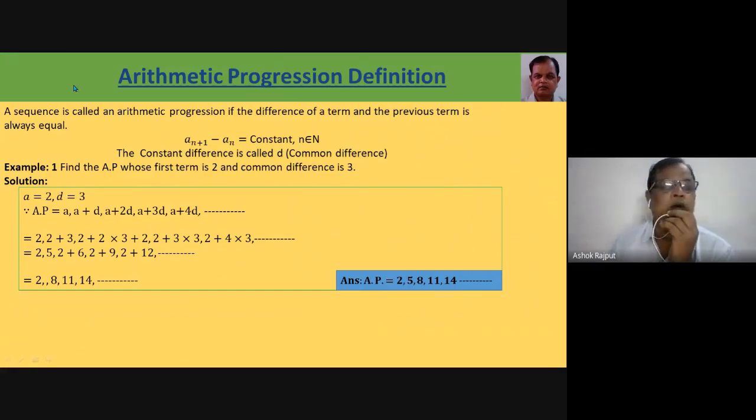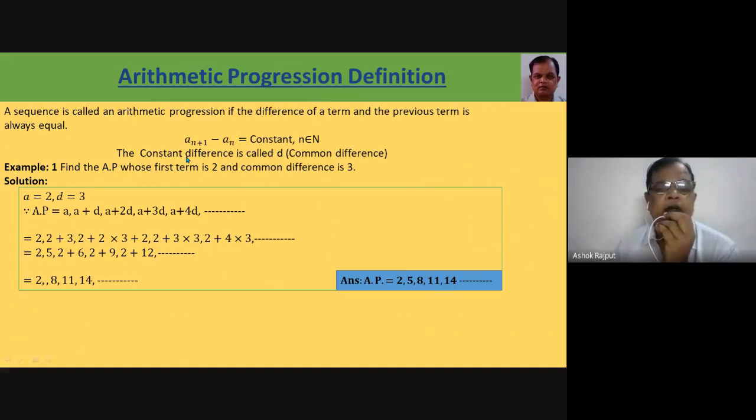It is very important. If it is not always equal, then it is not an arithmetic progression. If it is always equal, then it is an arithmetic progression.